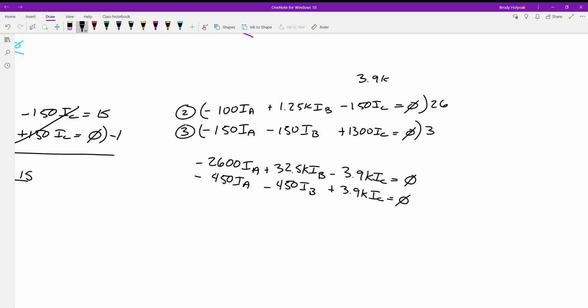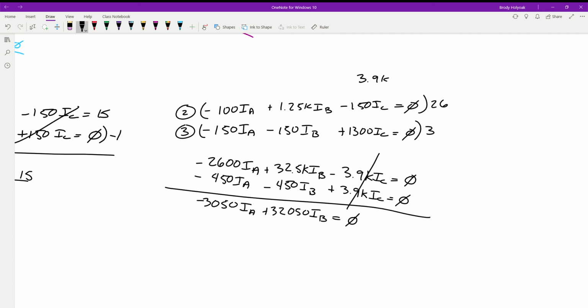Okay. We'll combine these guys together. IC will drop off just like we want it to. We end up with negative 3050 IA and 32050 IB equals 0.